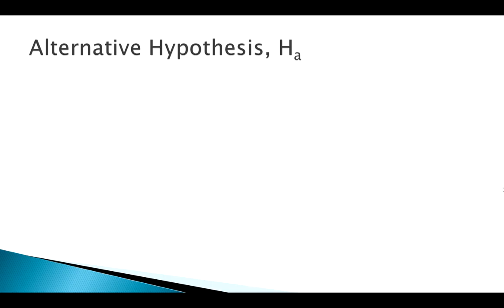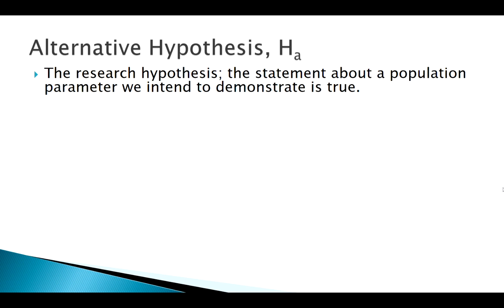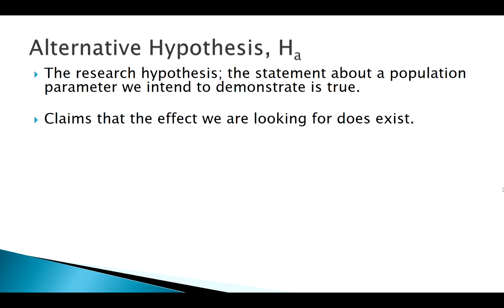Your alternative, on the other hand, is your working hypothesis. This is where we state the effect that we're looking for. In our example, in order to show that they were getting less sleep than the recommended amount, we had to assume they were getting that recommended amount.